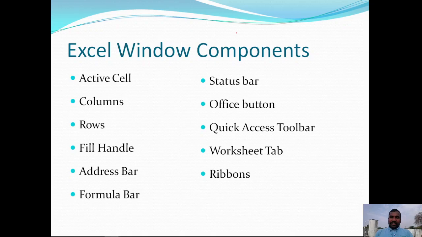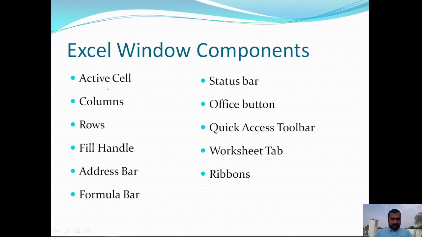Now it's time to discuss several components that appear after opening the Excel application. These are several terms that we frequently use while using the Excel application. So, here, active cell.